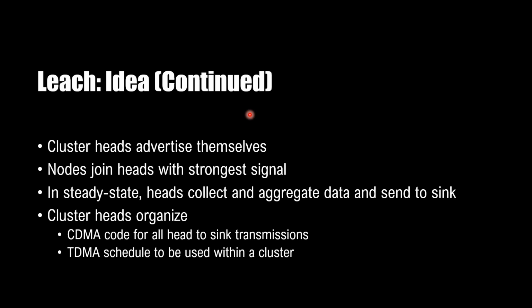So only those who got selected as the cluster head randomly will advertise themselves at the beginning of the round. Once the advertisement is done, all the other nodes will join the strongest signal. Of course there might be one, two or more cluster heads within the proximity of a single node, so it will detect which cluster head has the strongest signal, and then it will join that cluster head.